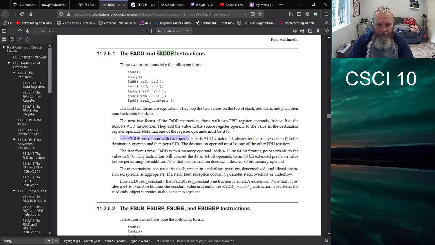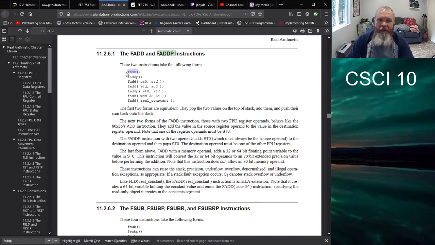We are using it without any operands. The first two forms are equivalent. They pop the values on the top of the stack, add them, and push their sum back onto the stack.